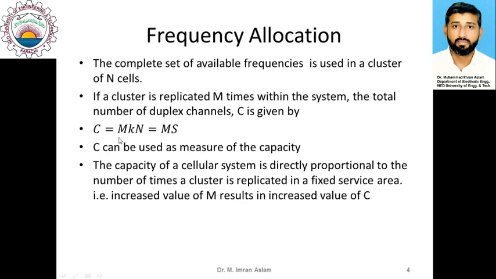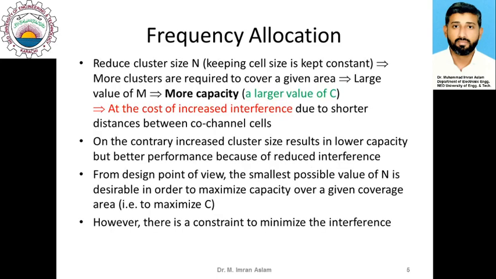The only number which is significant in this expression is m, which represents how much increase we can get from replicating the channel in this particular scenario. So you can see that if we reduce the cluster size n, provided that the cell size is kept constant, do not change the cell size, that means we will require more clusters to cover the given region.